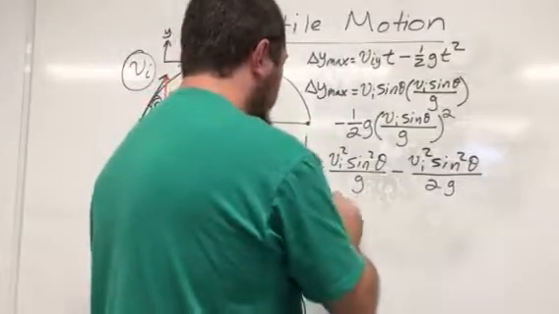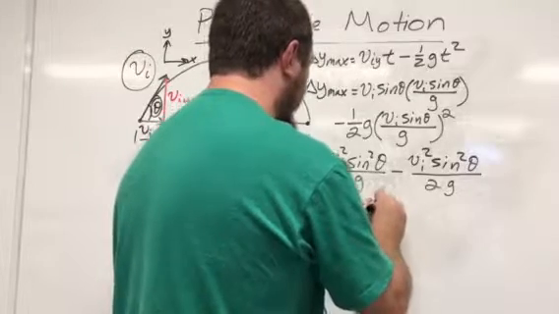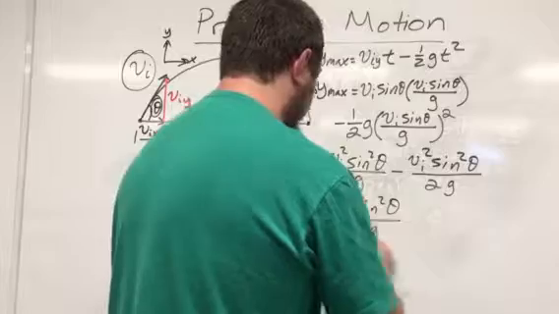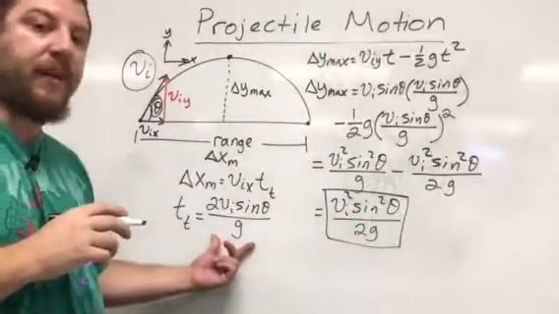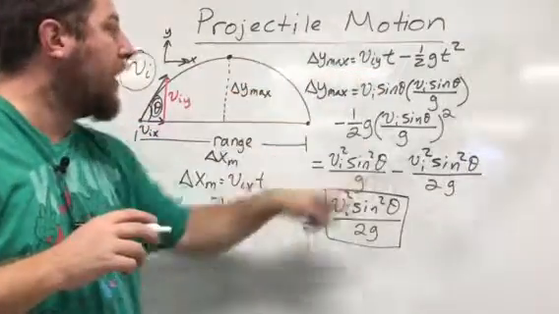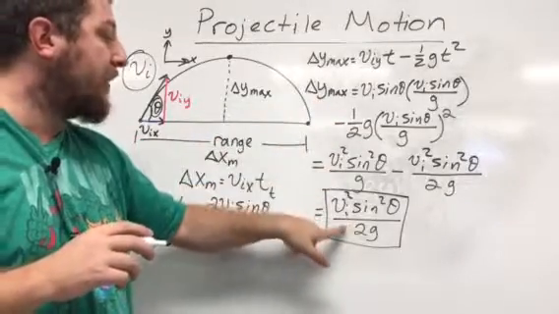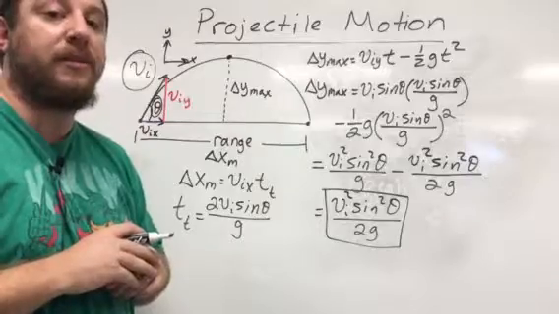So my maximum height is given by this. So this was the total time of flight. We plugged in half of the total time of flight for t into our second kinematic equation, and that allows us to find the maximum height that the projectile reaches.